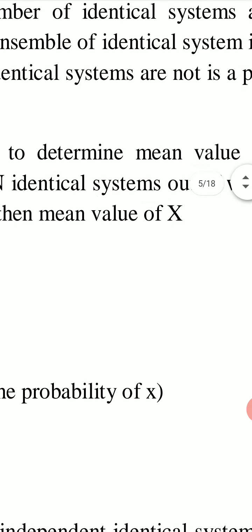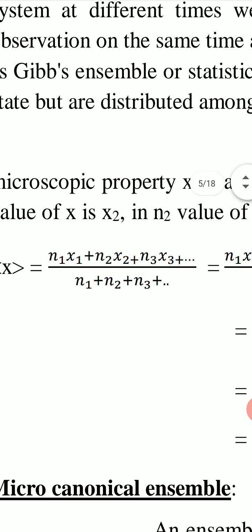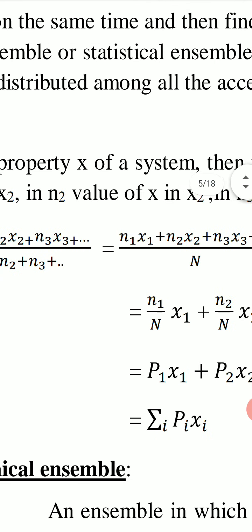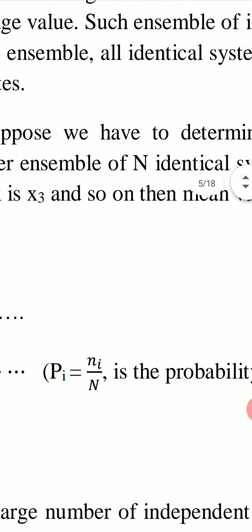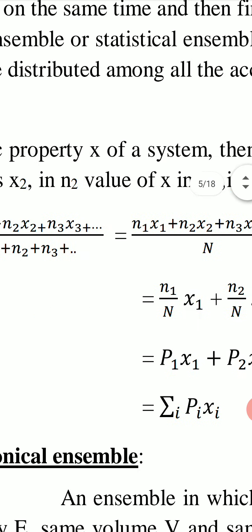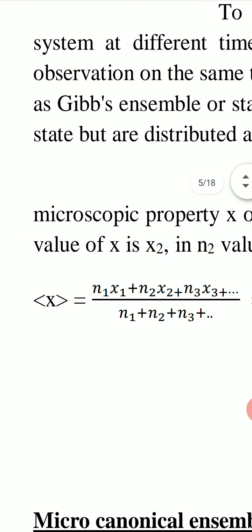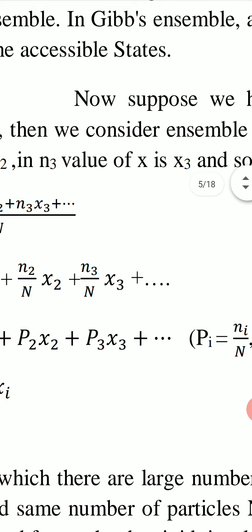Such an ensemble of identical systems is known as Gibbs ensemble or statistical ensemble. In Gibbs ensemble, all identical systems are not in a particular state, but these are distributed among all the accessible states.